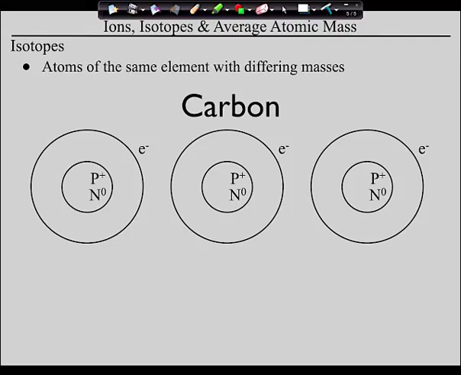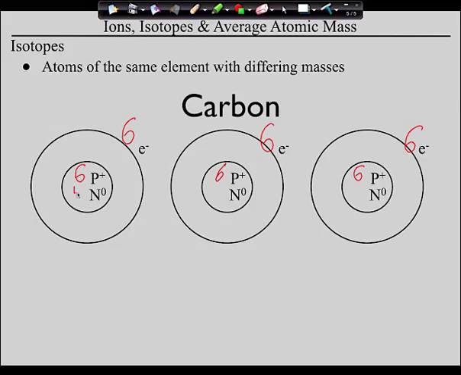But here's the thing that you need to know about these atoms. They don't all weigh the same. So let's talk about it. There are actually 3 different types of carbon. They all have 6 protons. They also all have 6 electrons. How are they different?